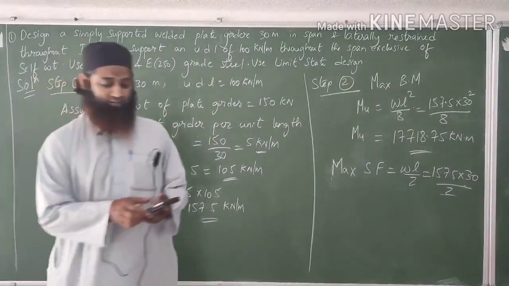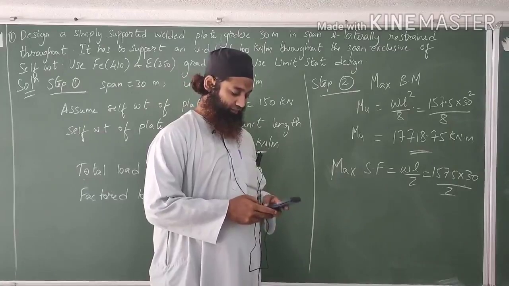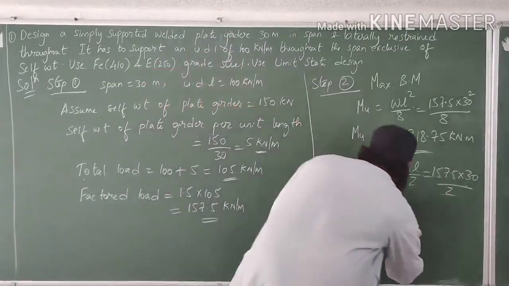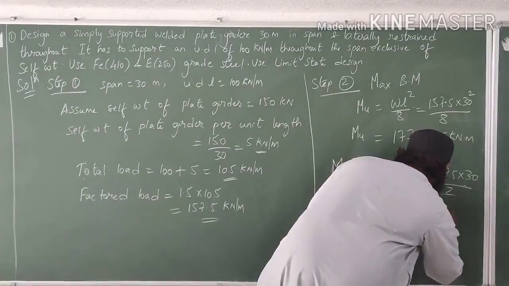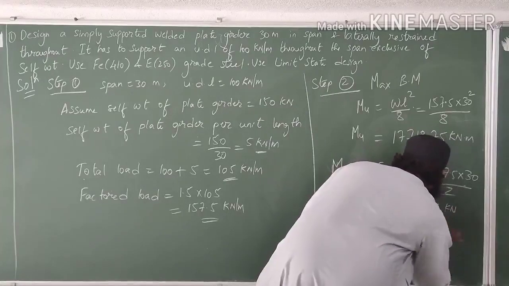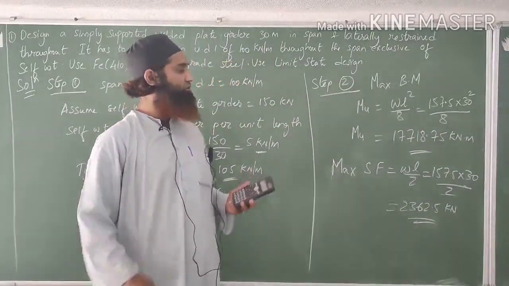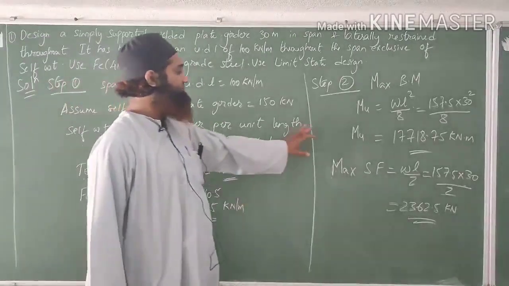We will just calculate that also. 157.5 into 30 by 2, we are getting it as 2362.5 kilonewton. We have got the maximum bending moment and the maximum shear force.